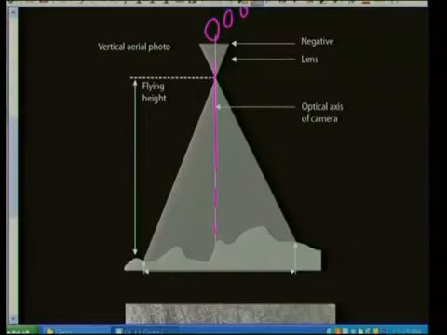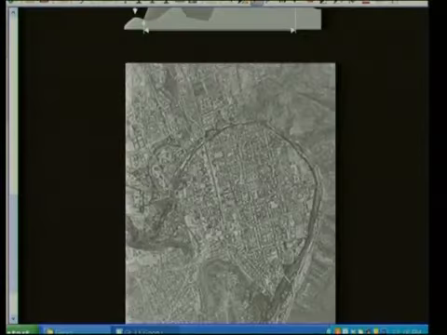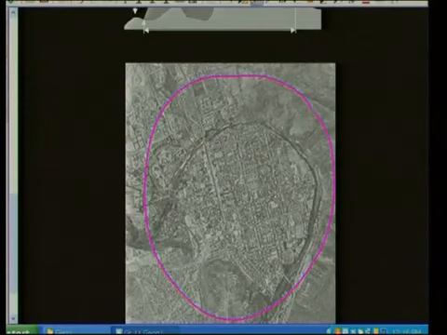All right? The best time to take these photographs is between 10 and 14:00 hours to minimize the shadows on the photograph. I will show you a little picture of that later on. Here is an example of a vertical aerial photograph. You'll notice the whole area, looking at it from the top. Okay?